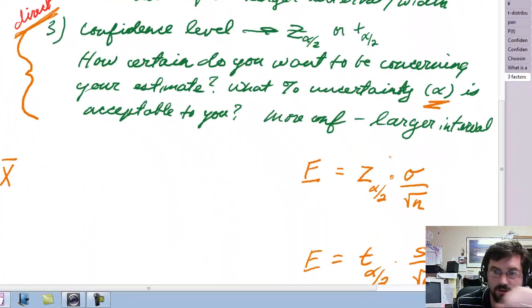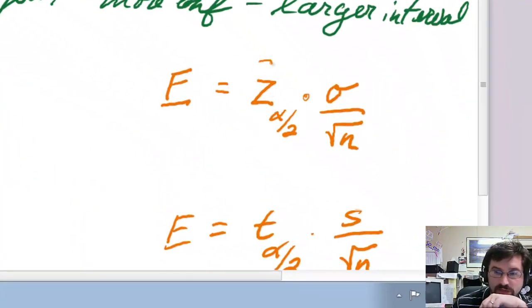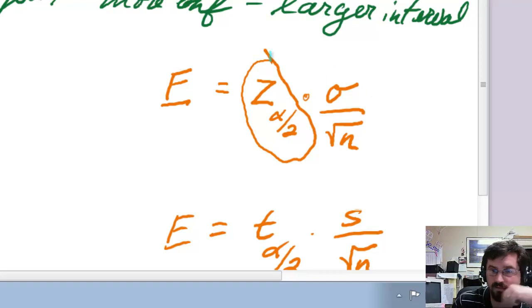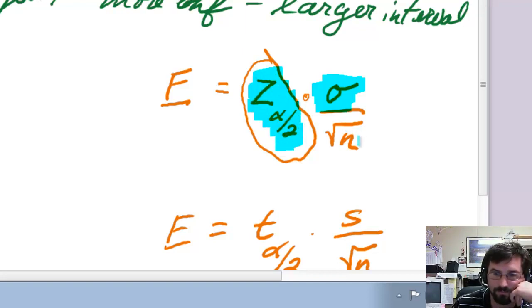So you multiply. This piece right here depends on the confidence level. This piece up top is the piece that is related to your standard deviation. Both of these guys are direct, but this one is indirect, which is why we're dividing by it. So it's telling us what E is.